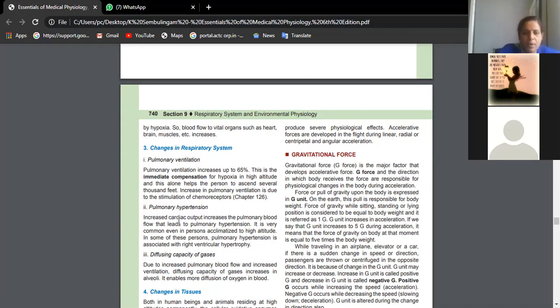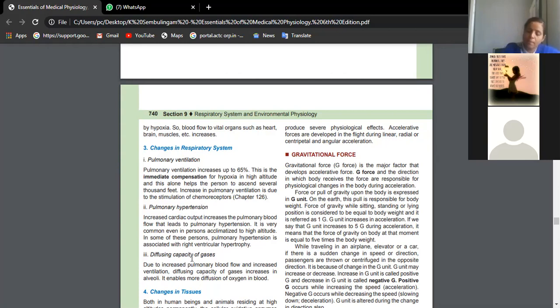so as to compensate for the presence of low oxygen in the atmosphere. For this, we just now studied chemoreceptors. Do you remember when we were doing blood pressure? Wherever we had baroreceptors, that means in the carotid and aortic bodies, there we also have chemoreceptors. They carry the chemical changes through the aortic nerve, nothing but the vagus and glossopharyngeal nerves, carrying the information of chemical changes also to the brain.